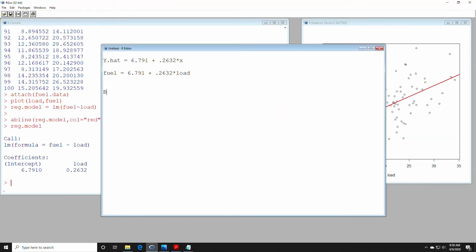Interpreting beta naught hat, which is again the estimated intercept, okay? We predict that the average fuel consumption, and again, what are the units?